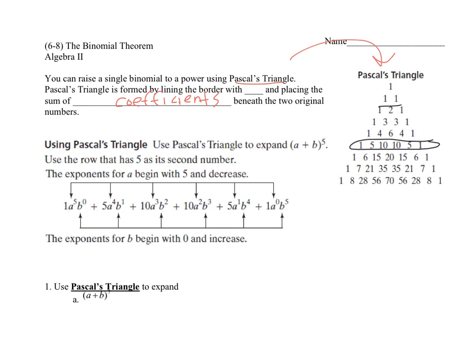And then notice how these are all the coefficients: 1, 5, 10, 10, 5, 1. And notice that the first exponent, so if you're doing A plus B, you're going to go A to the 5th, B to the 0, A to the 4th, B to the 1. The exponents of A and B always add up to 5. A exponents decrease, B exponents increase.